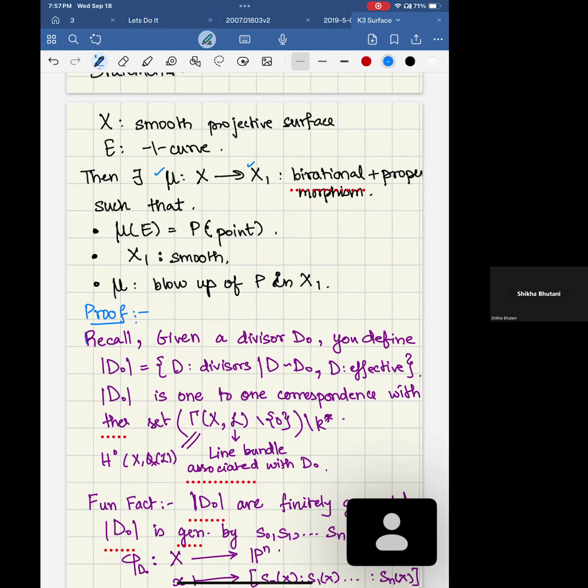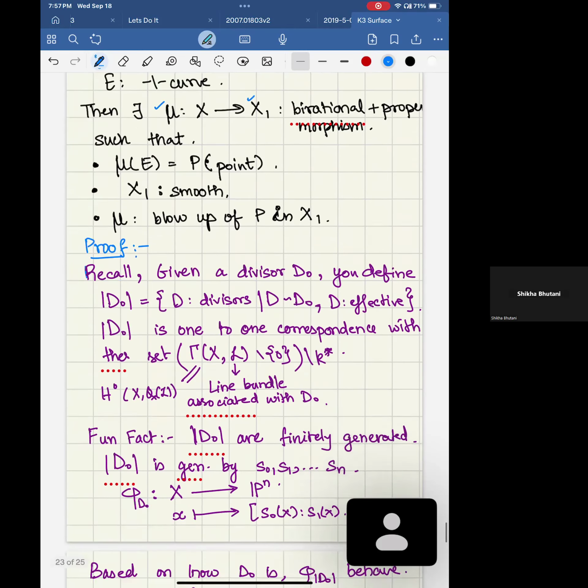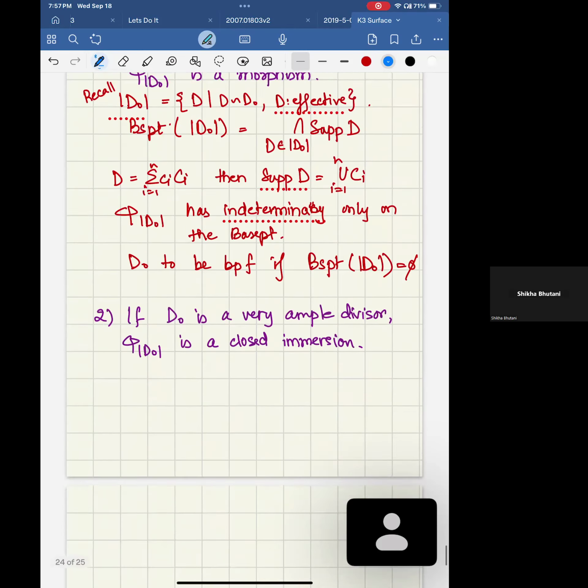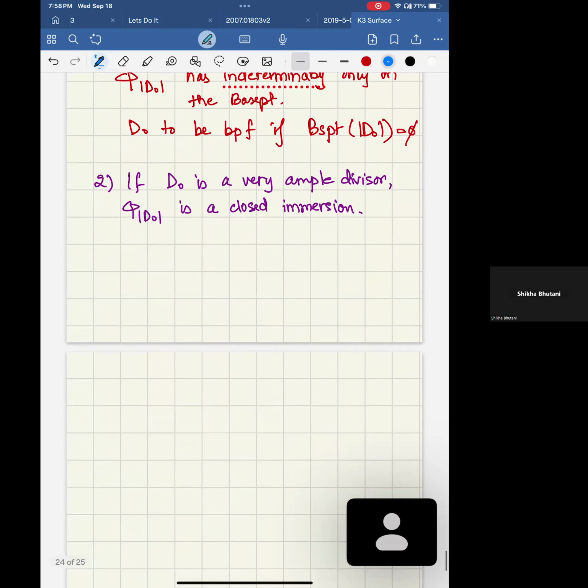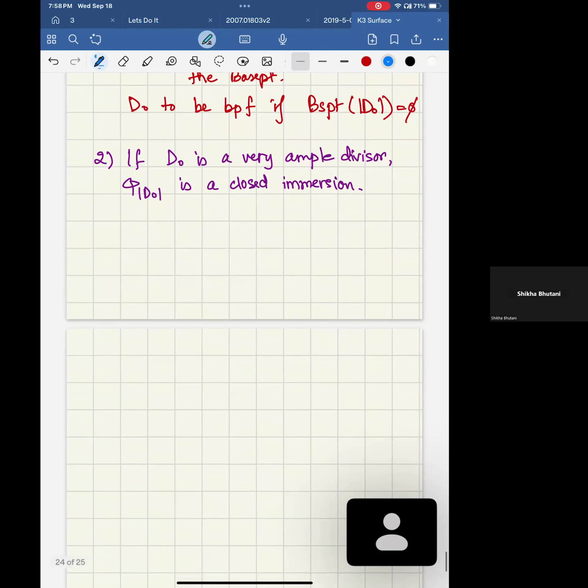So the first task in the proof of this theorem is to really construct mu. And like I said, in algebraic geometry, whenever you're trying to construct a morphism or a map, you take help of the linear system. So that brings me to my first step towards proving Castelnuovo's theorem.